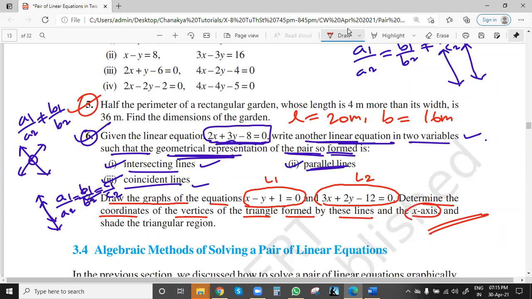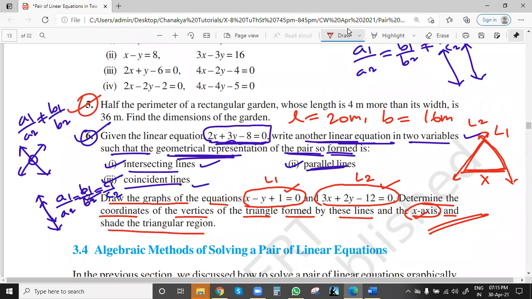We know the basics of a triangle, that in a triangle we have 3 sides. So one side will be represented by line L1, another side by line L2, and the base will be represented by the x-axis.